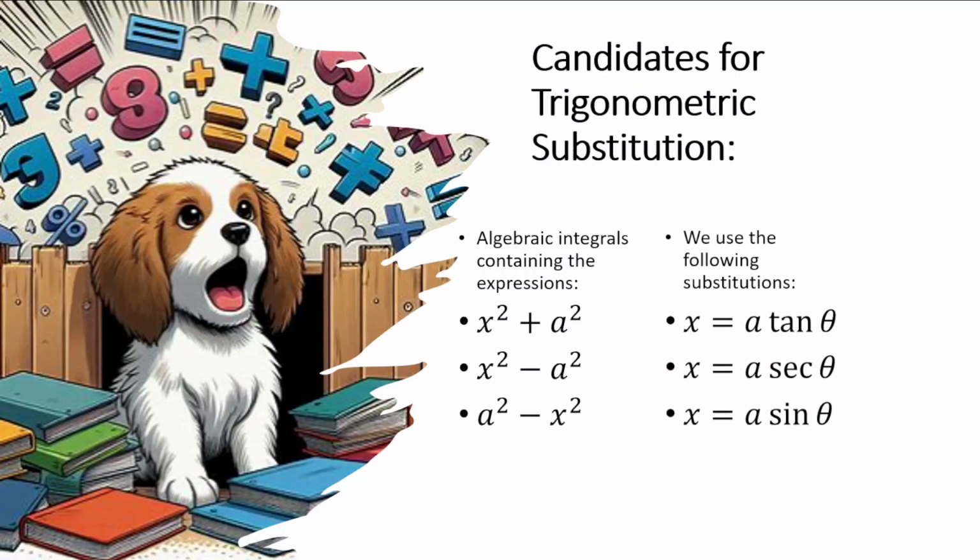So we look for integrals that have these expressions, and with these expressions, we have a specific substitution. For x squared plus a squared, we let x equal a times the tangent of theta. For x squared minus a squared, x will be a times the secant of theta. And for a squared minus x squared, x is equal to a times the sine of theta.